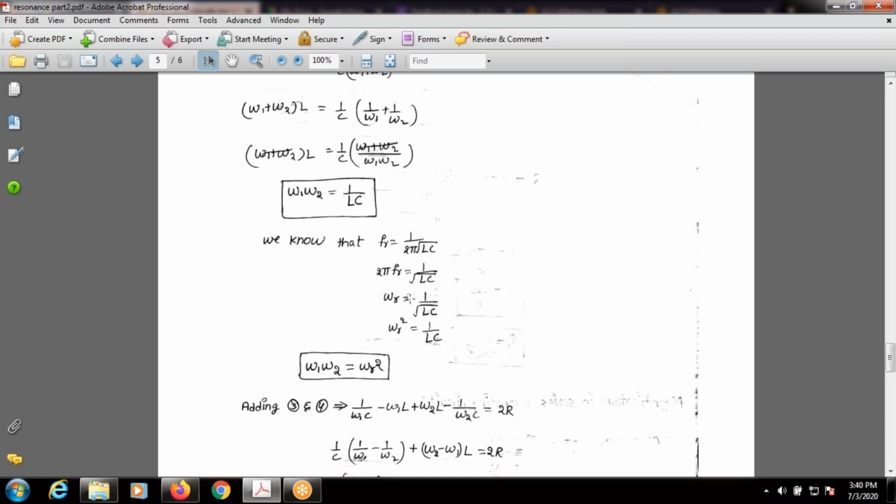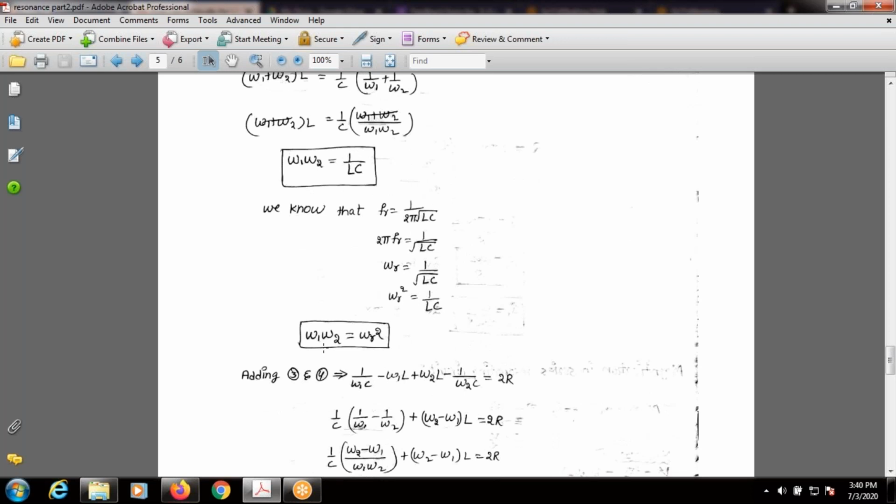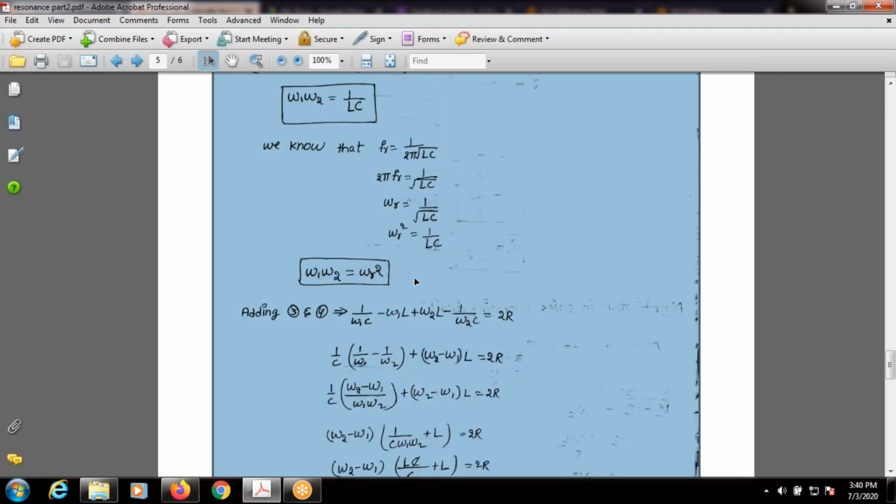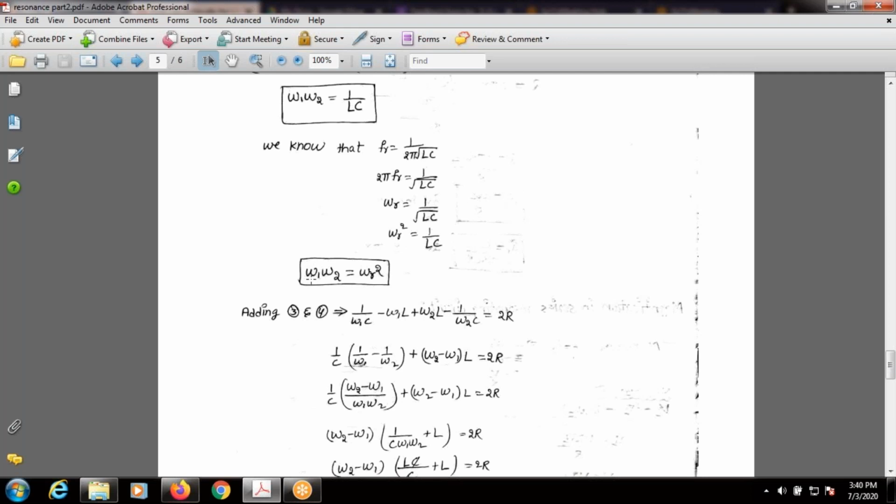From that, omega R is equal to 1 by root LC, so omega R square is equal to 1 by LC. That is, 2 pi FR whole square is equal to 1 by LC. Omega 1 into omega 2 is equal to 1 by LC. Then you get the expression omega 1 into omega 2 is equal to omega R whole square.